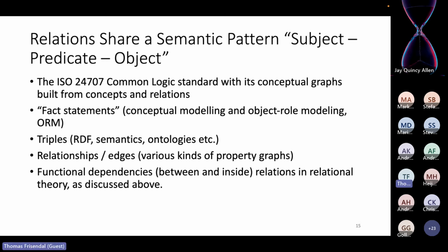Relations share subject, predicate, object. And this is not something that's just in graph databases. The ISO Common Logic standard has it as well, and it's used to build conceptual graphs, fact modeling, triples in RDF, and semantics and ontologies. Relationships, or edges as they are also called in property graphs, functional dependencies in relational theory. All of this is the semantic pattern: subject, predicate, object.